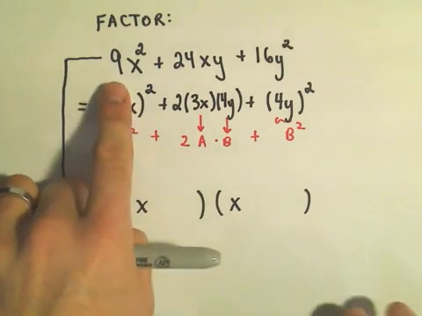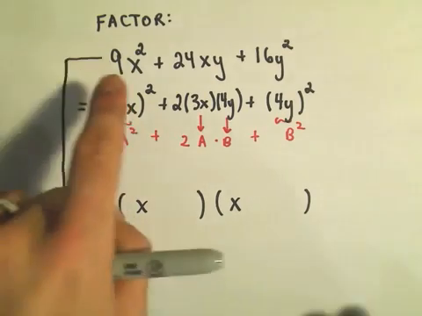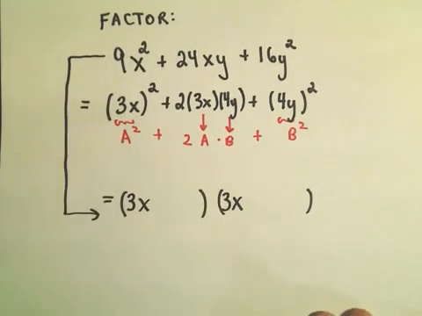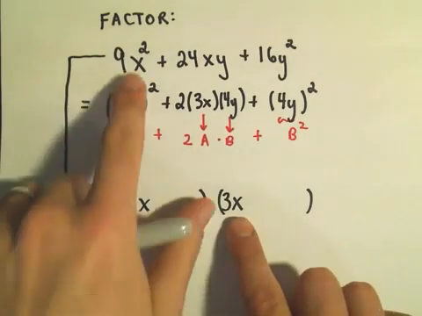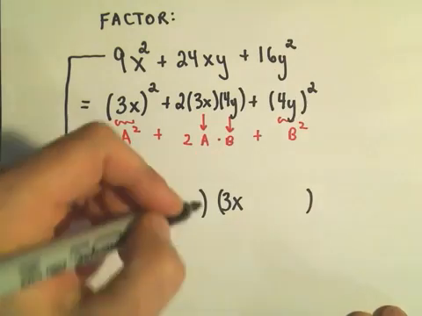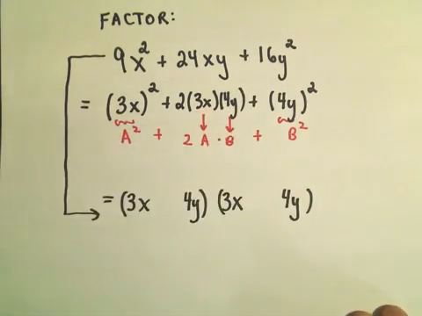And then one thing I recognize is, hey, 9 is a perfect square. So if I take the square root of 9, I'll just get 3 and 3. If I multiply those, I get my 9x squared. The same thing to get the 16y squared: I could use a positive 4y and a positive 4y.